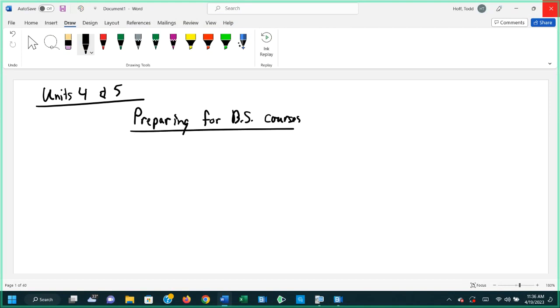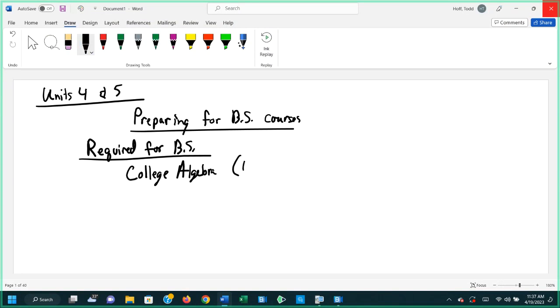And in almost any bachelor's degree for paramedic or nursing, or actually any medical related field, you'd be required to have a college algebra class. This is what Unit 4 here is going to be about.